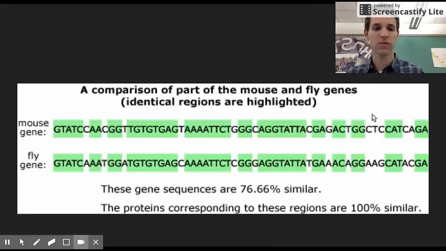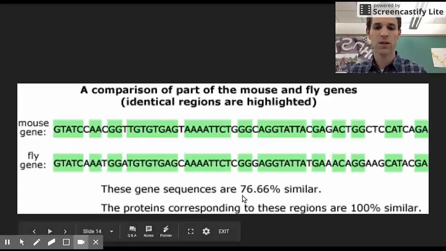And where they're different, that tells us that something has changed over time. Of course, you can think of the mouse as a slightly more evolved organism than the fly, not necessarily, but they share an ancestry, and they've both changed since they shared that ancestry. And so you can see here that there's a 76% similarity in these sequences.